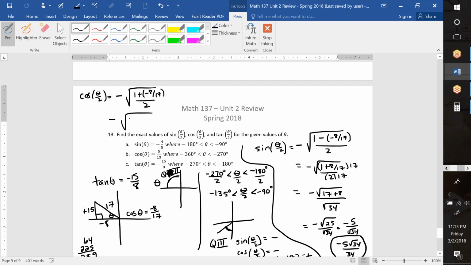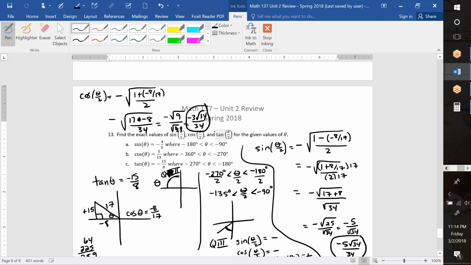We'll get negative square root of 17 minus 8 this time, over 34. And 17 minus 8 is going to be negative square root of 9 over square root of 34. And that's going to be negative 3 square root of 34 over 34 once we rationalize.